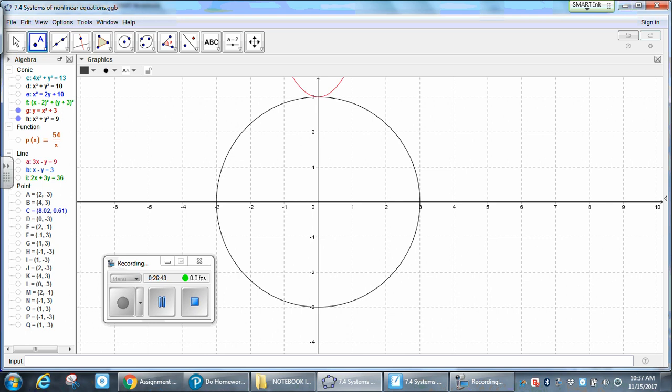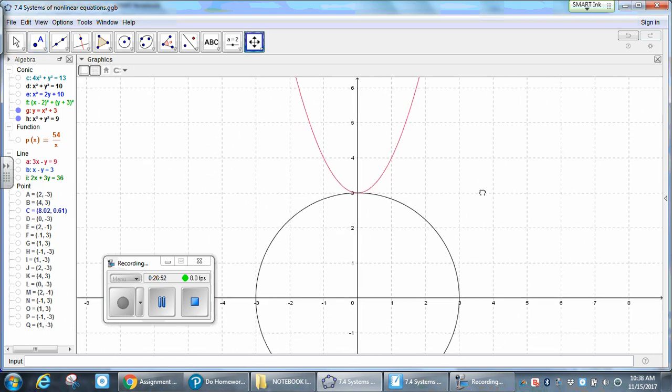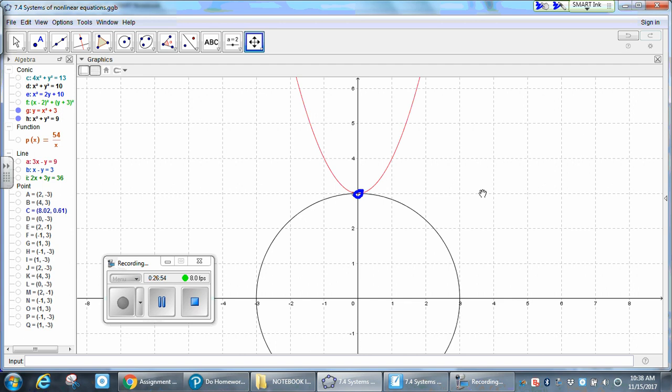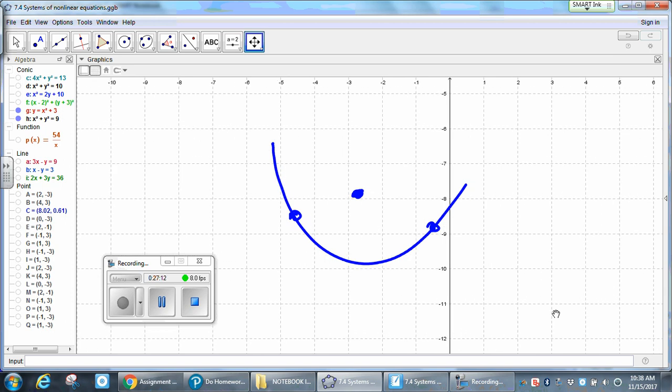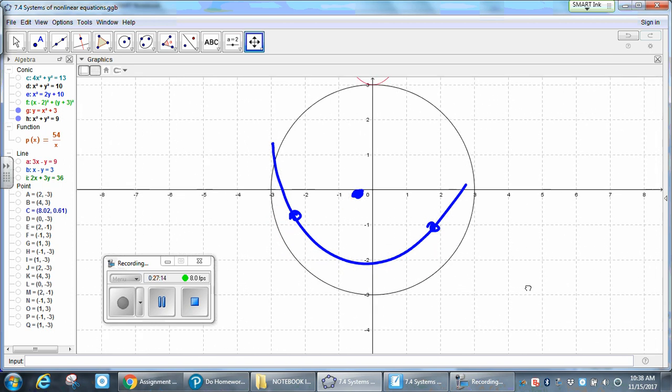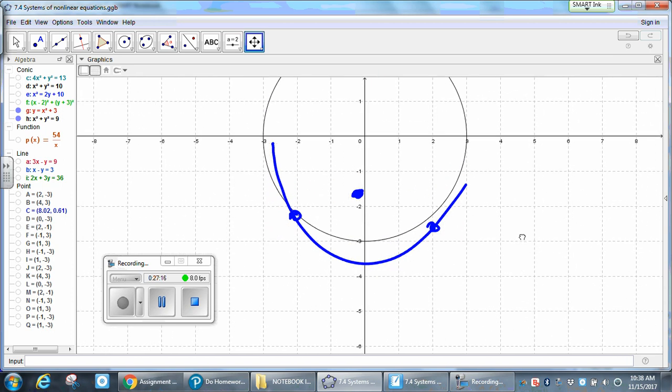Okay, there you go. So if you guys notice, here the only intersection point was (0, 3). No more. Now, if you have a circle and a parabola, you could actually have 2 intersections, or you could even have something like that.